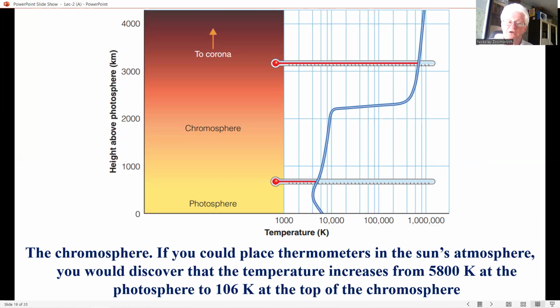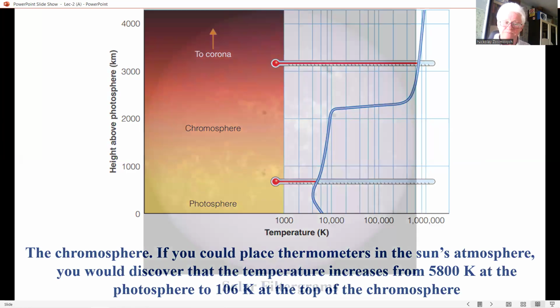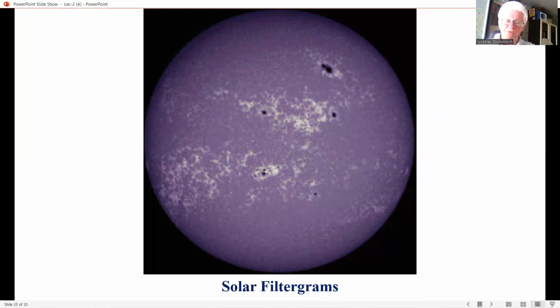A photon at one of those wavelengths is very unlikely to escape from deeper layers. A filtergram is an image of the sun made using light in one of those dark absorption lines. Those photons can only have escaped from higher in the atmosphere. In this way, filtergrams reveal detail in the upper layers of the chromosphere.